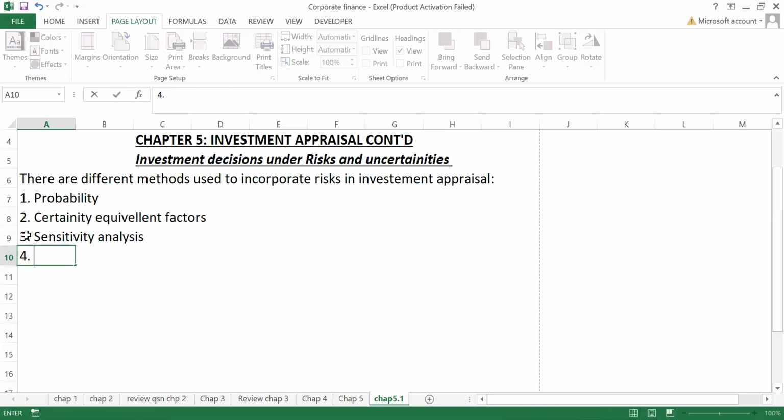And number four, you can do simulation. So these are different methods that we can use when we are incorporating the risks into our investment.